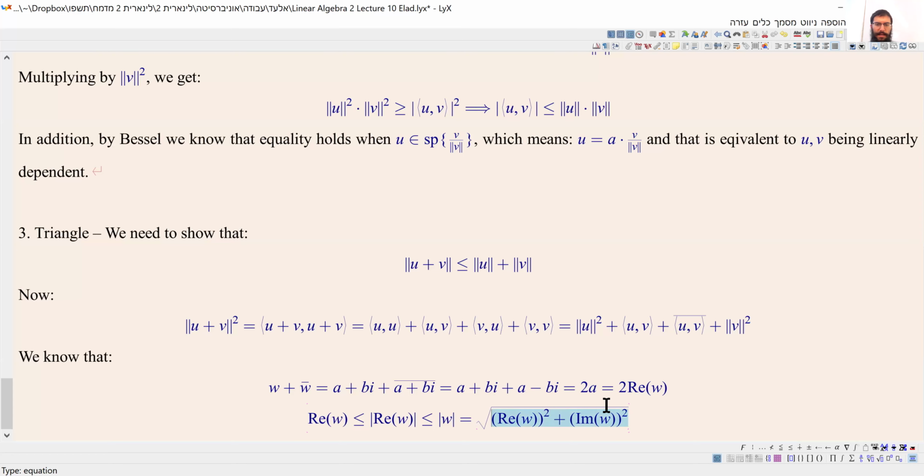The absolute value of a number is the square root of its squared value, and that is smaller than the square root with the additional imaginary part, which is the absolute value of W. So what do we have here? Is it enough? Yes.